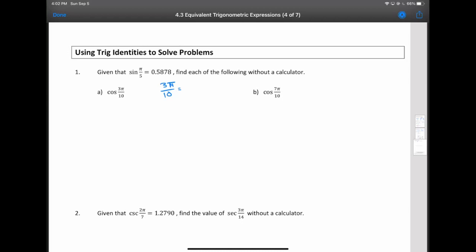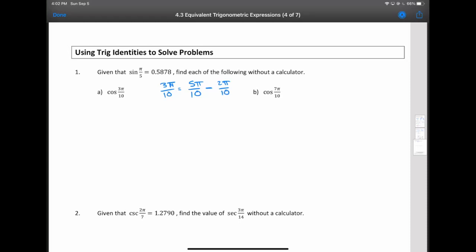So is that pi over 2 plus something? Well, no, because it's actually smaller than pi over 2. So I'm going to suggest that it's pi over 2 minus something. Specifically, it's 5 pi over 10, that's pi over 2 converted to a common denominator of 10, minus 2 pi over 10.